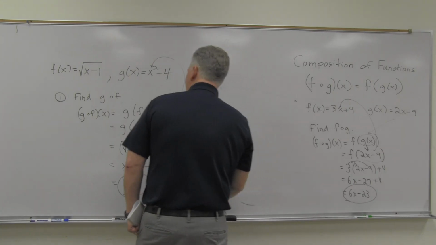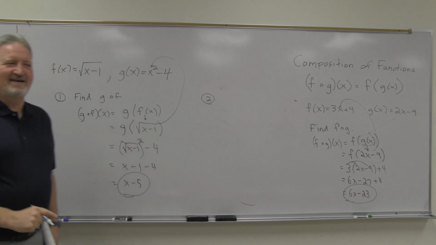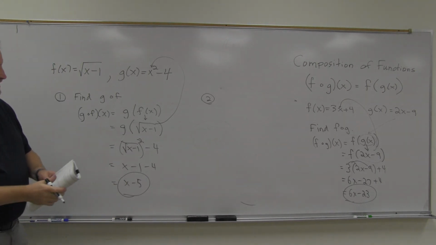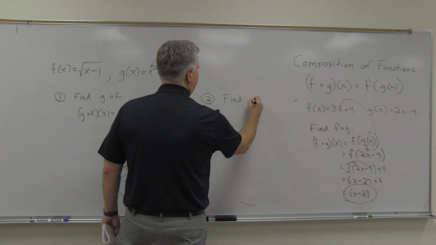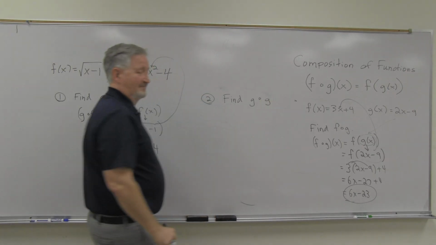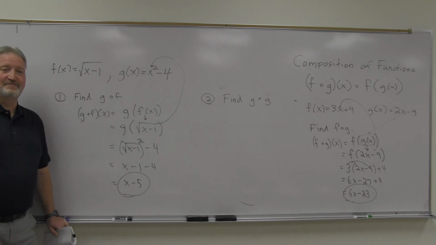Now, turns out we can do this. What would we do here? Yeah, g circle g. Now for composition, they will ask us on this, the composition wants to do this.